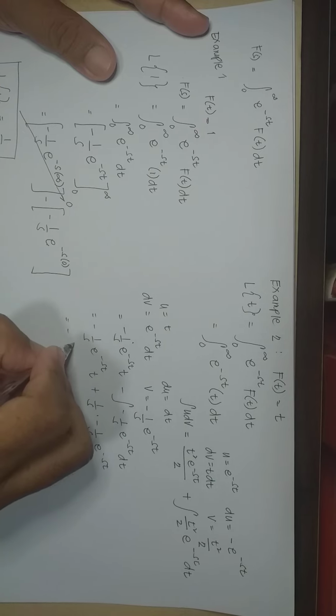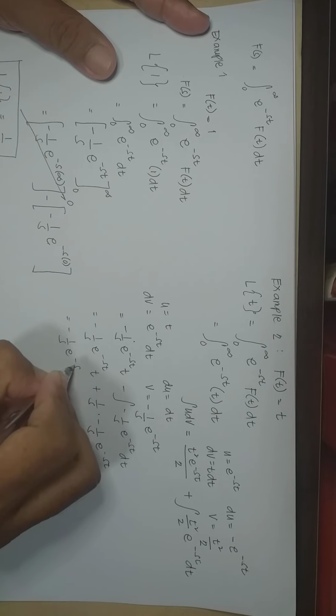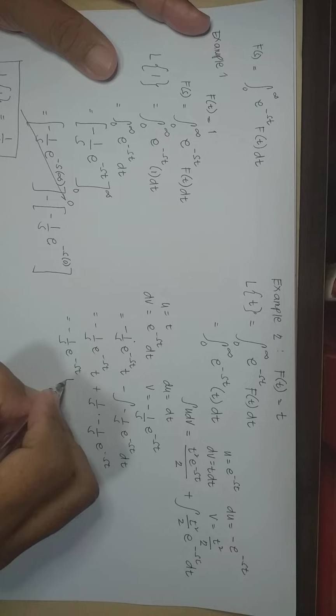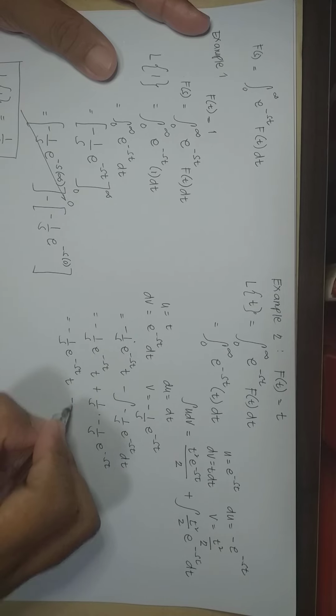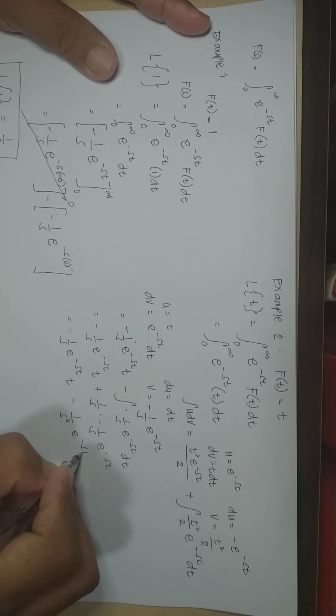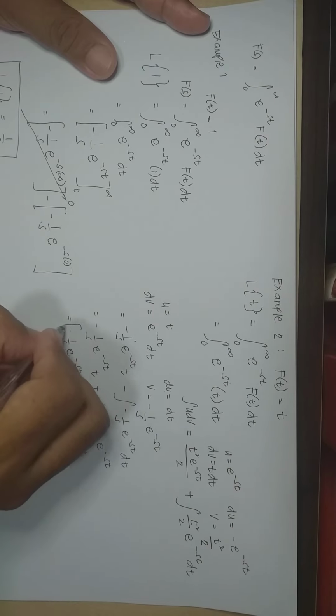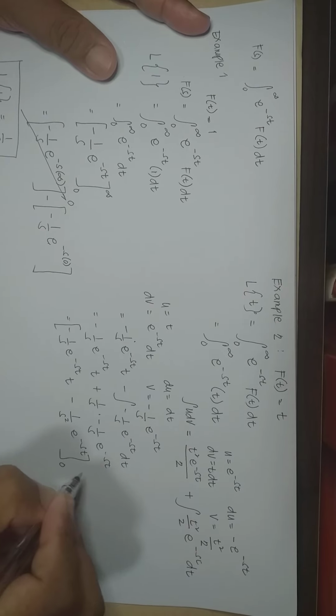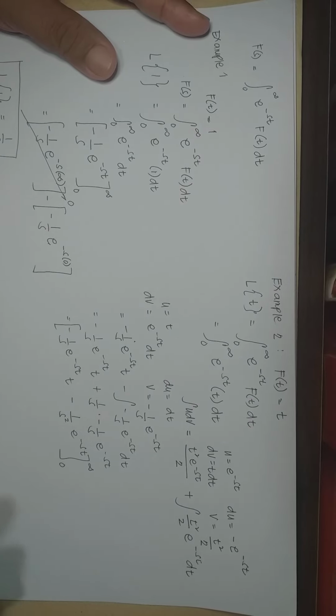And we have negative 1 over s e to the negative st times t minus 1 over s squared e to the negative st, from 0 to infinity.